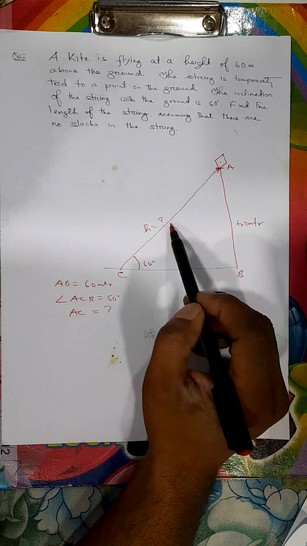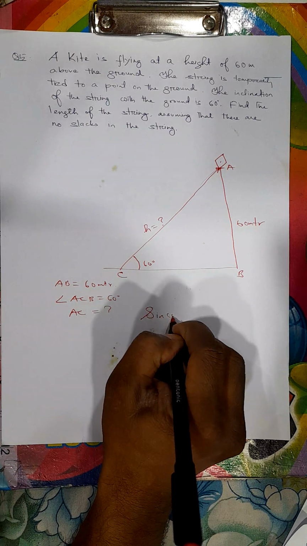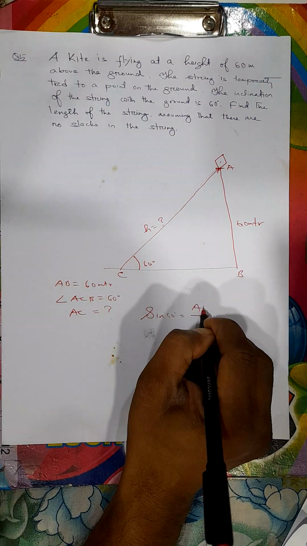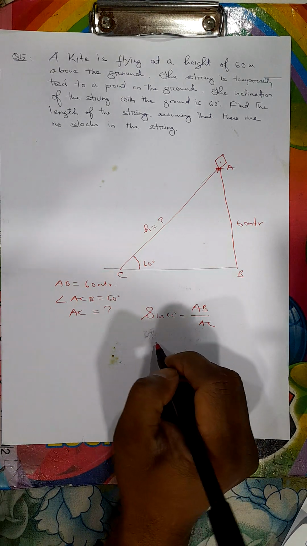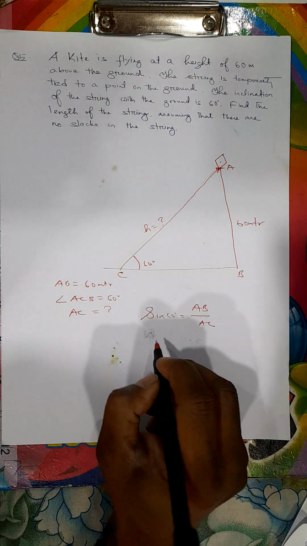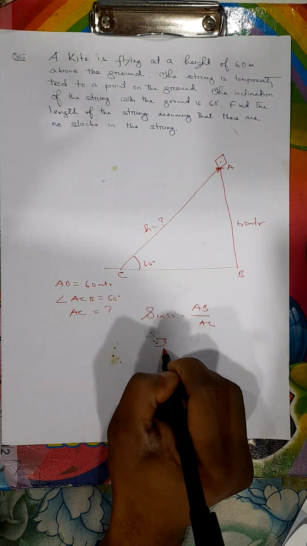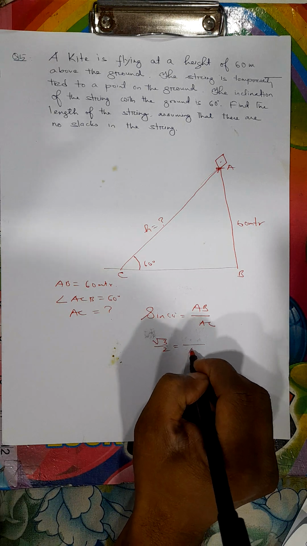So the ratio of the opposite side by hypotenuse is sin theta. Sin 60 degree equal to AB by AC. What is sin 60 degree? Sin 60 degree is root 3 by 2. AC is unknown.